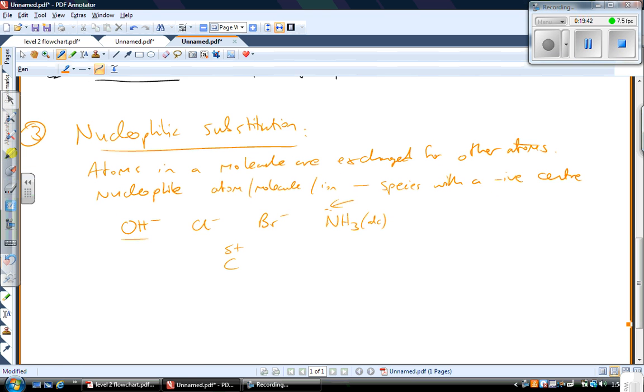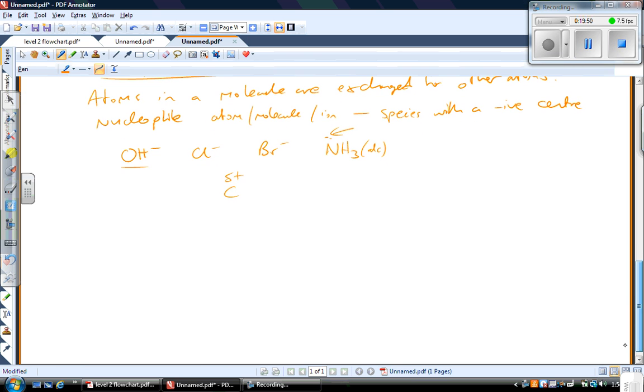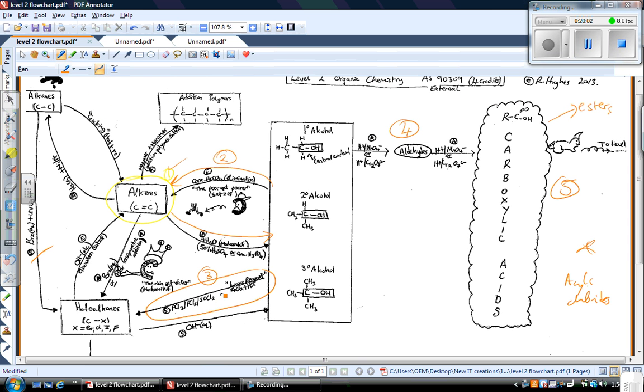So for nucleophilic substitution, like I said, I'm going to take a look at the chlorination of a tertiary alcohol, because this is a big focus area for level 2 and level 3. It used to be not a major focus for level 2, but it's a lot more so now. So I'm taking a look at this section here, number 3, nucleophilic substitution on a tertiary alcohol to form a haloalkane.